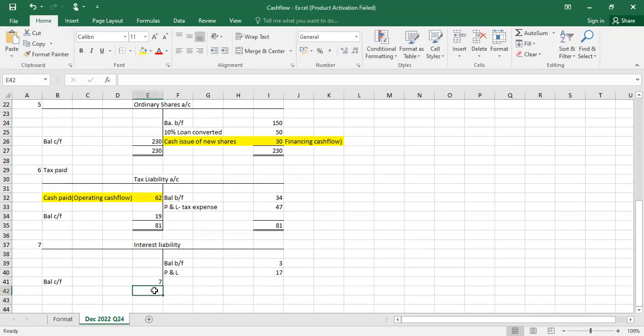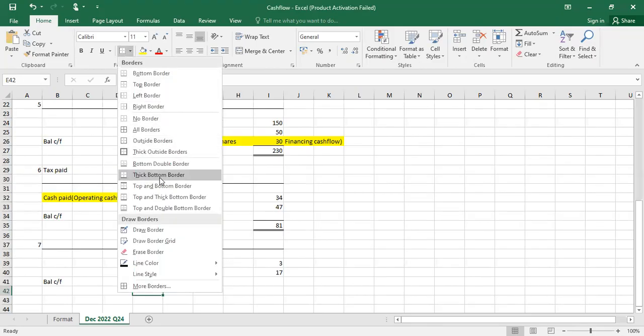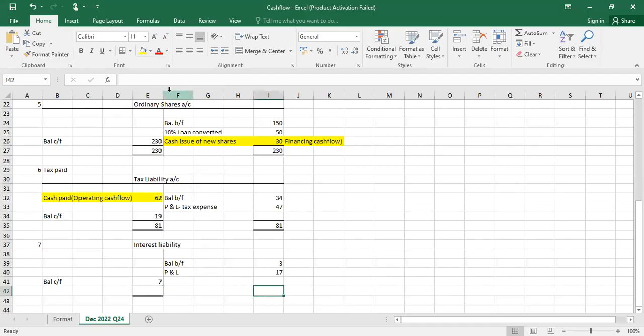There being nothing else, we balance off the account to determine how much interest we paid in cash. So you realize that again, for a liability, the credit side is more at a total of 20. And so the debit side will also have 20.